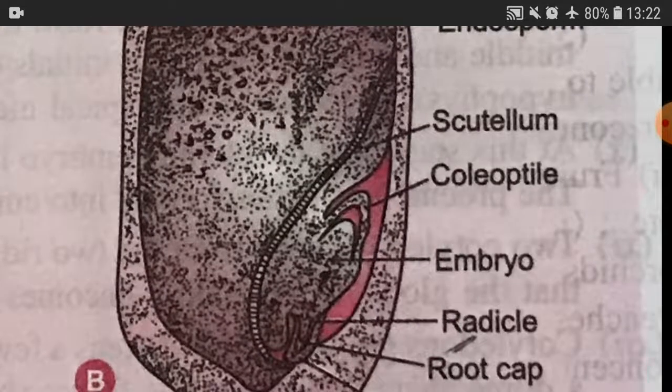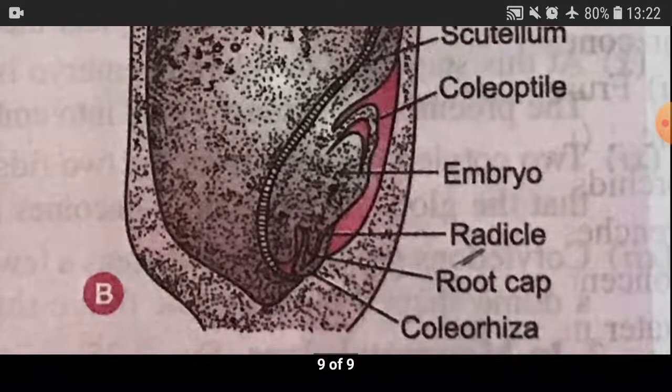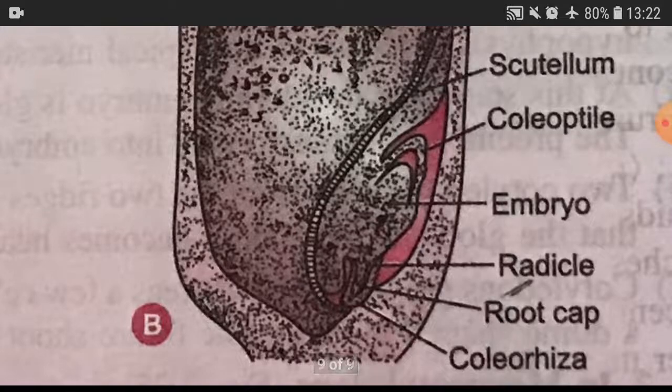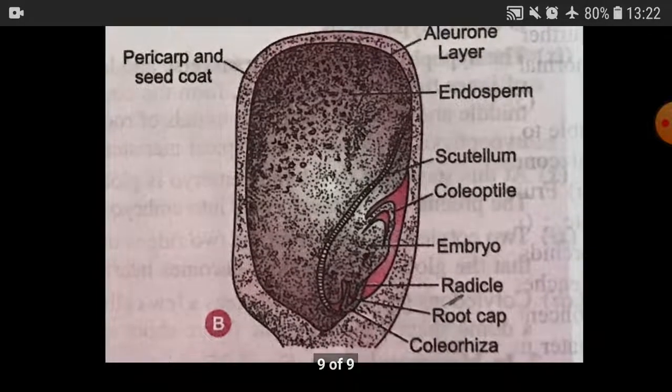Here is the scutellum, which is the cotyledon, then the coleoptile, I told this term before, the embryo, the radicle, the root cap and the coleorhiza. You can see the position of all these things in the monocot seed. Here, I hope you can see it clearly.